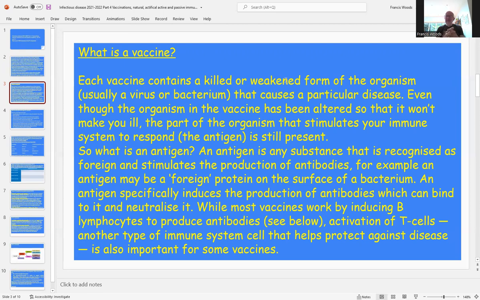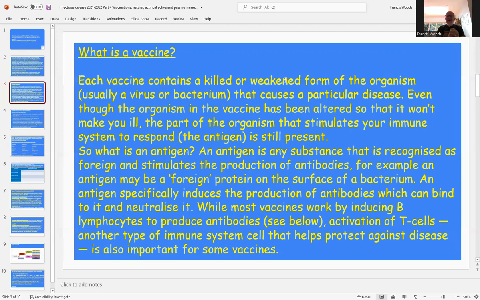And that's sometimes why you feel a little bit ill, because you get a few symptoms of the actual disease. And killed viruses, they've actually killed the bacterium or the viruses, because we're only interested in the proteins and the antigens on the outside of the virus or bacteria to poke our immune system into responding.